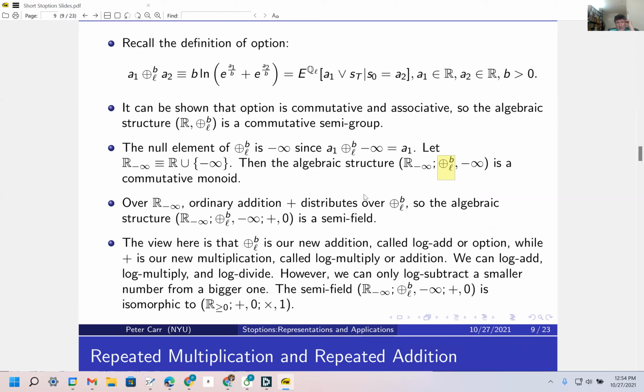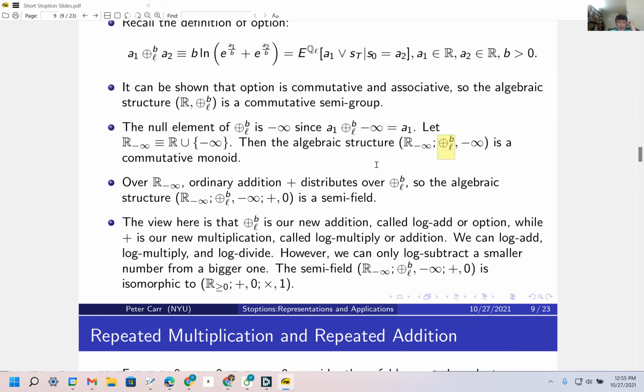For a group, there's an additional axiom that needs to be satisfied. And over this set of real numbers, including minus infinity, that additional axiom is not satisfied. So this is sort of as far as we can go over this set. It does turn out if we extend the set to the complex plane, we can talk about groups, but we're not going to do that right now.